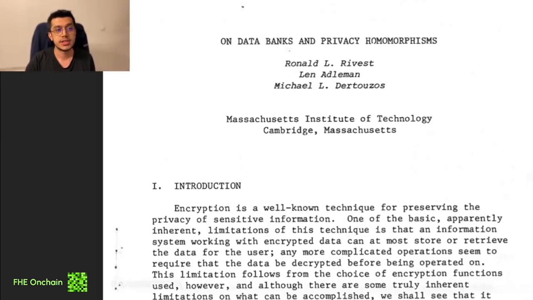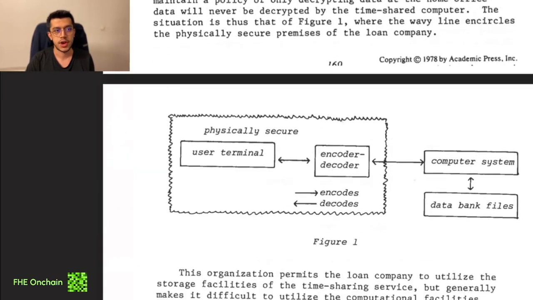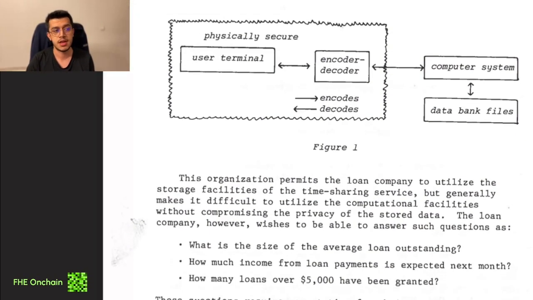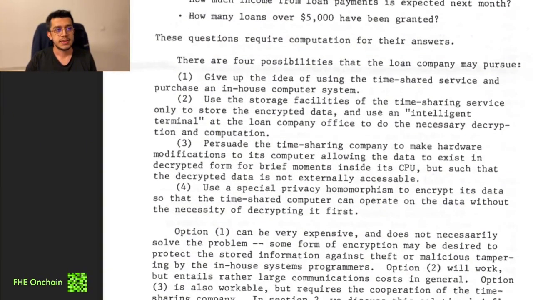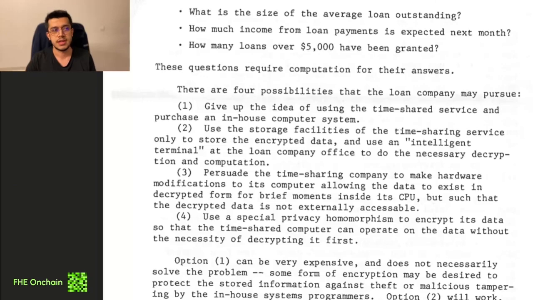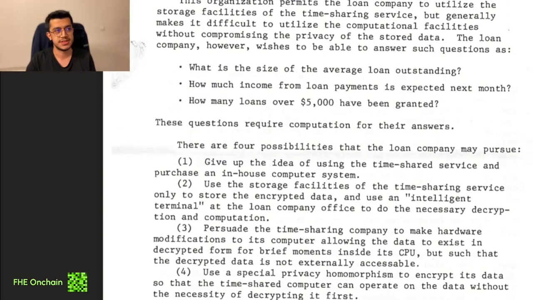Another thing I really like about this paper is that it's based on a real world problem, right? The loan company problem, and the confidentiality of financial data. This is even today a huge problem in both traditional finance and also decentralized finance because of the publicity of blockchains. The other thing is, this is not something common in most cryptography papers, this kind of practical example.